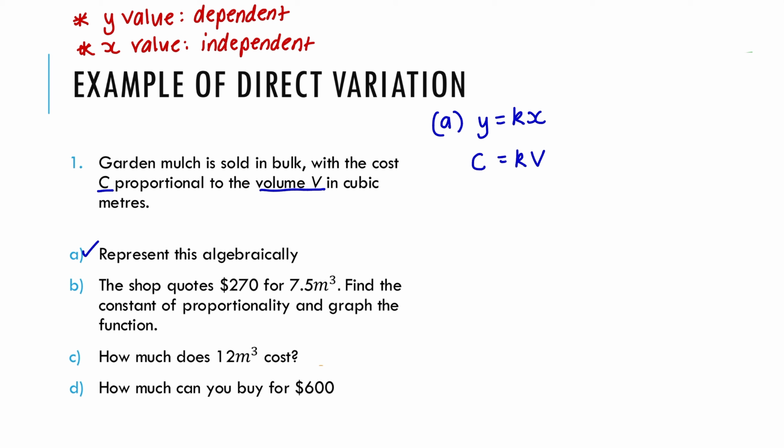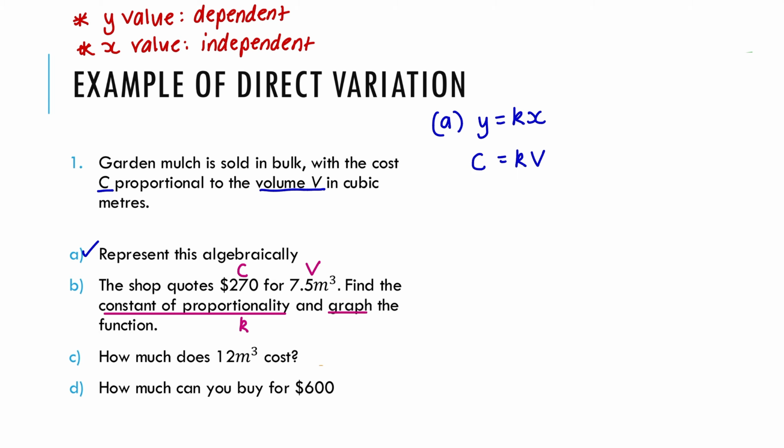Our next part says the shop quotes $270, which is our cost, which is C, for 7.5 meters cubed, which is our volume V. So find the constant of proportionality. So this constant of proportionality is our k value, and graph the function.